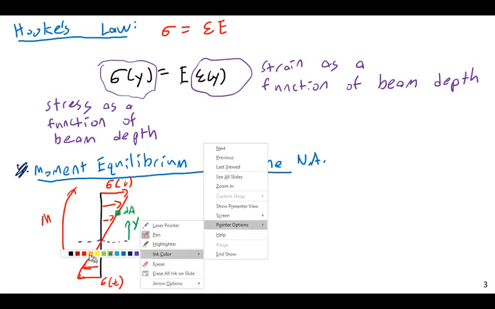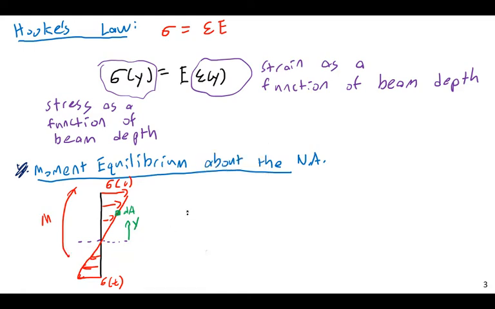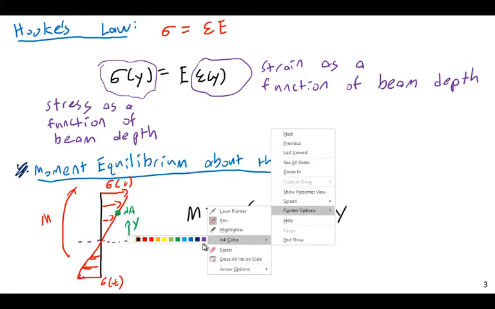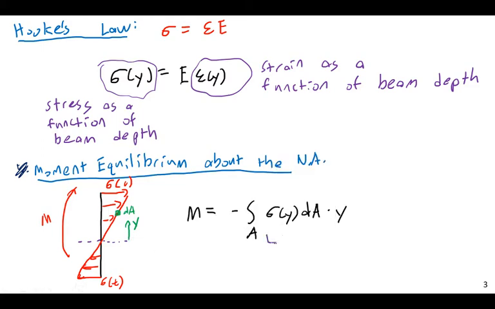And the relationship here, then, is that the moment M is equal to negative the area integral of sigma of y dA times y, where, if I annotate this, this is going to be the force, and times the distance from the neutral axis.